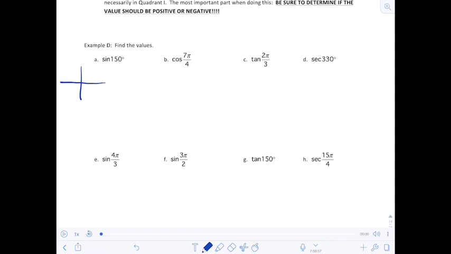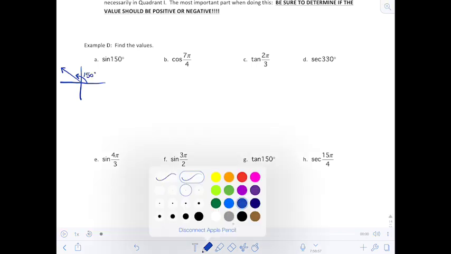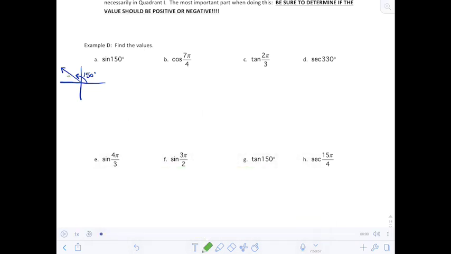Let's see where this is. 150 degrees would be in your second quadrant. So here's 150. What we're going to do is use the reference angle. It is 30 degrees away from 180, so my reference angle is 30 degrees. I want the sine function, and the sine is going to be positive in the second quadrant.